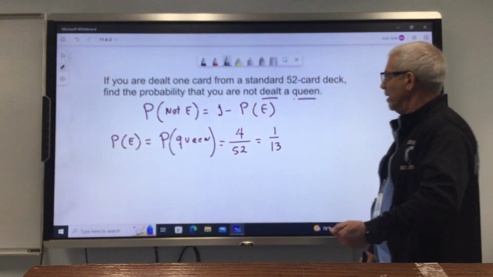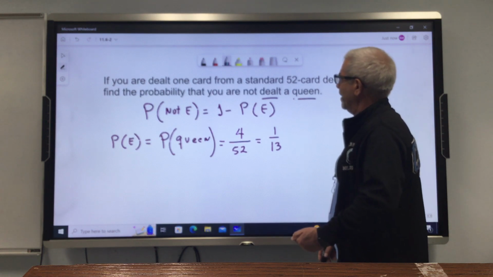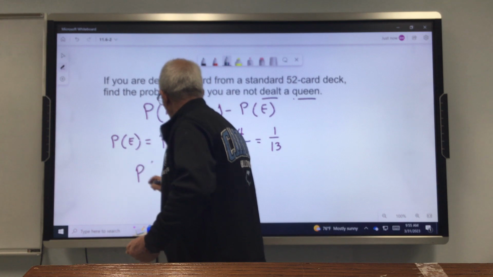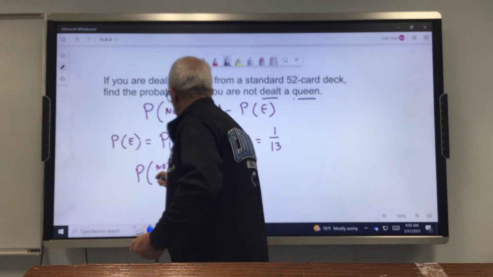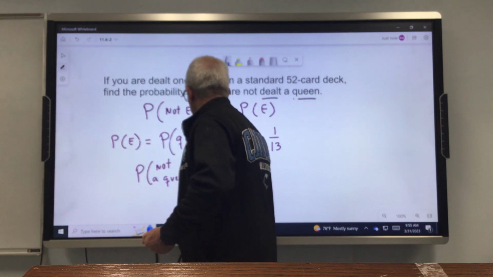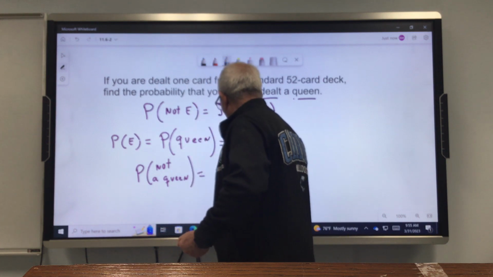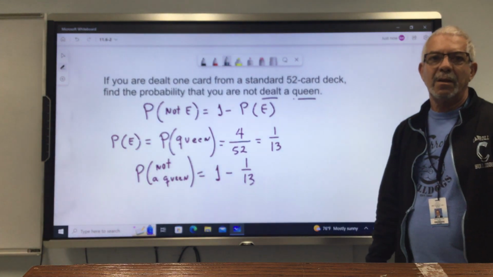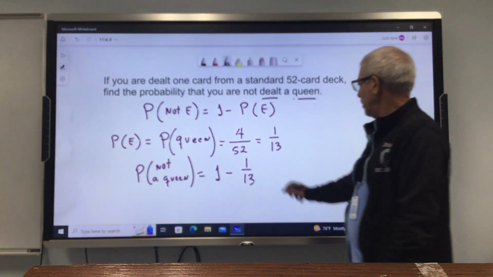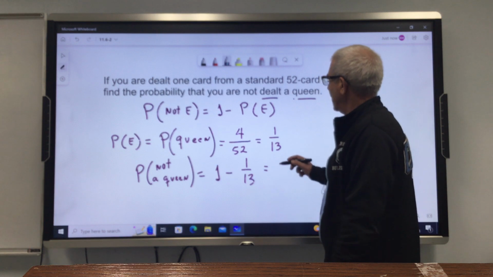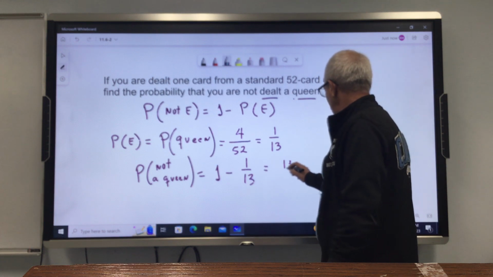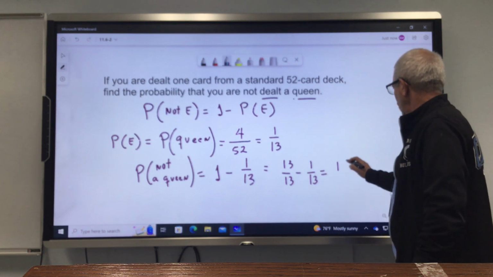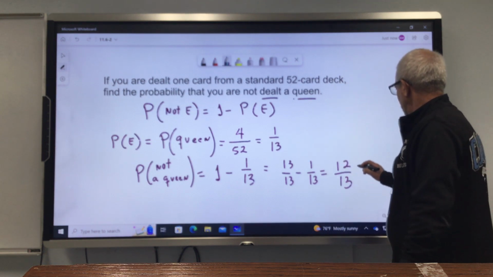Okay? Now to find the probability that it is not a queen, it will be equal to 1 minus 1 over 13. Then we solve this: 13 over 13 minus 1 over 13, then the answer is 12 over 13.